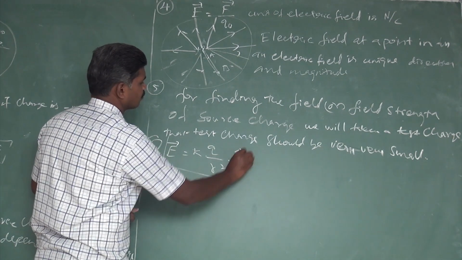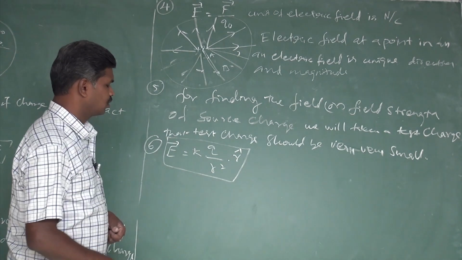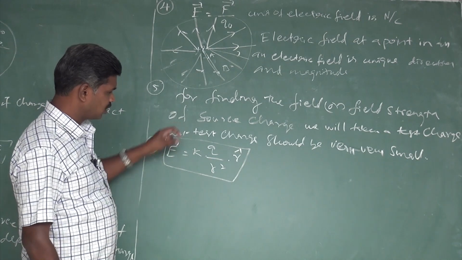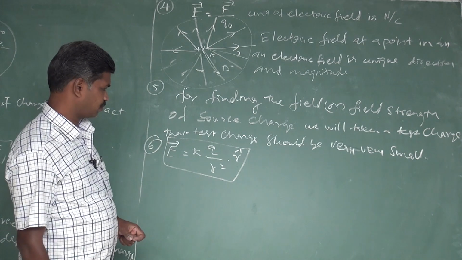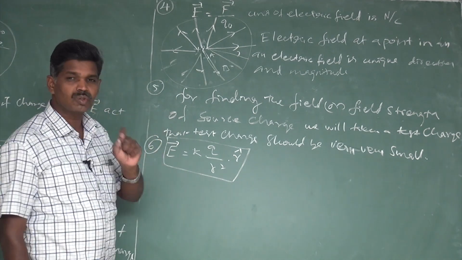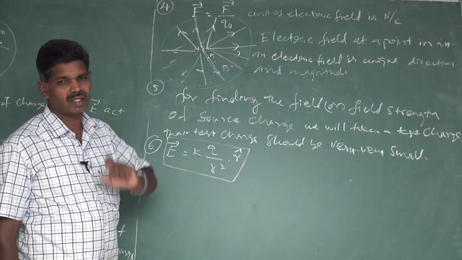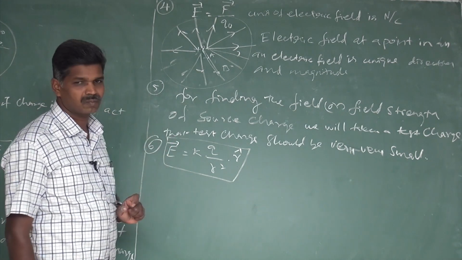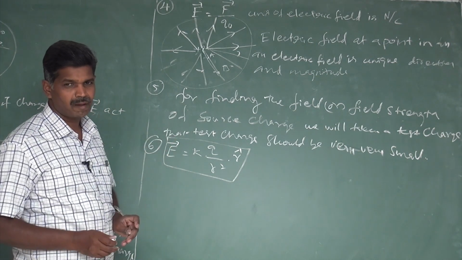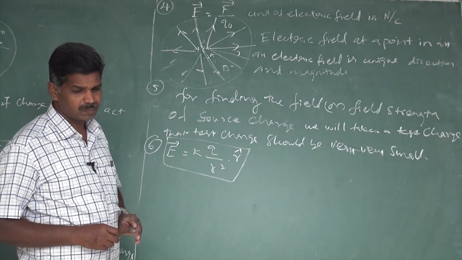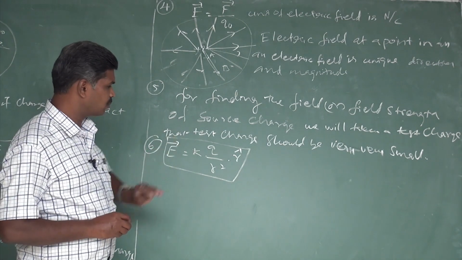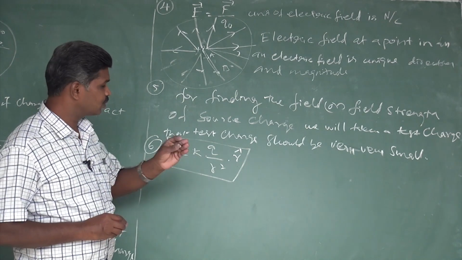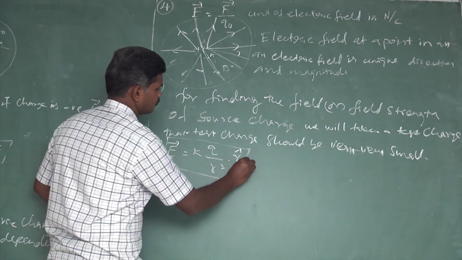From this formula, we have the relation between the electric field, point charge, distance and direction. This formula is used only for finding the electric field strength of a point charge. Suppose we have a continuous charge distribution; this formula is not applicable.